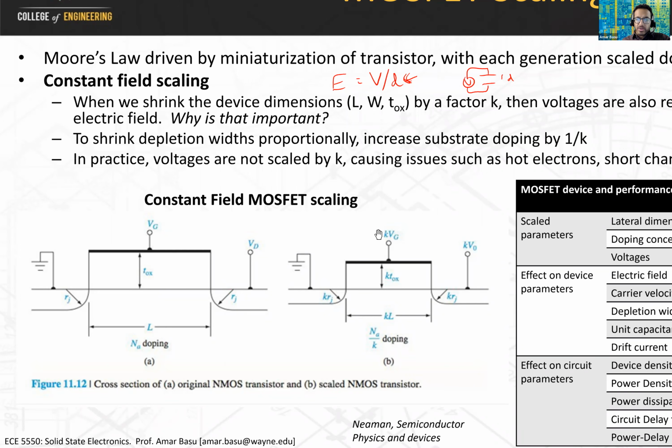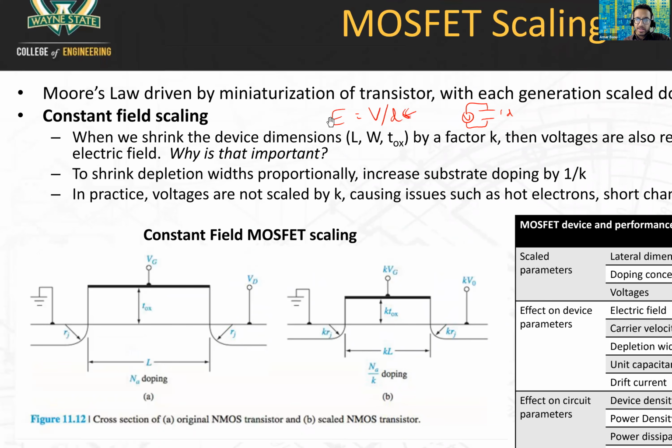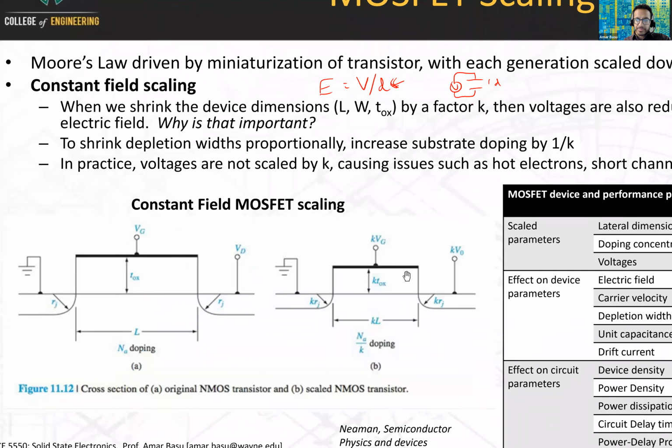So your new transistor had a gate oxide thickness that was 0.7 times the previous one. The length of the transistor shrunk down by the same factor. The voltage scaled down by that factor in order to maintain this constant electric field.